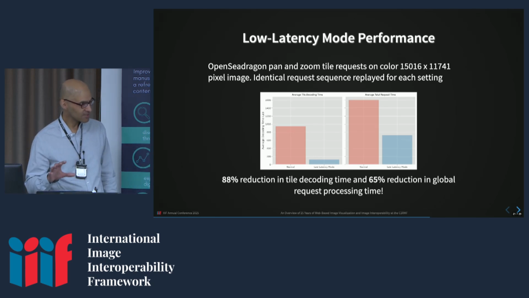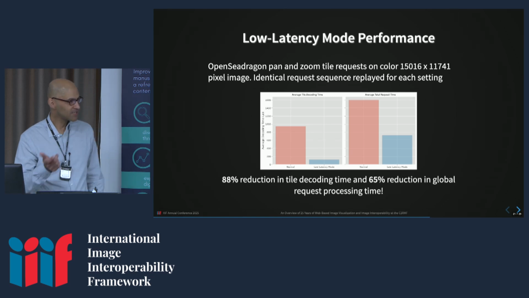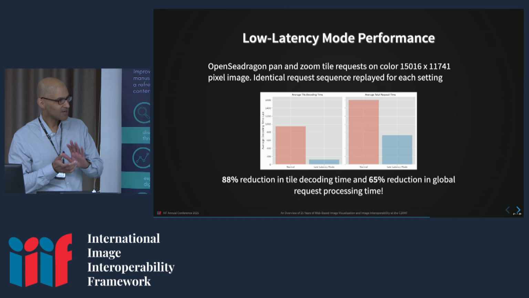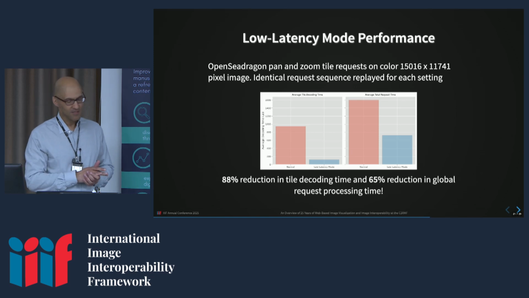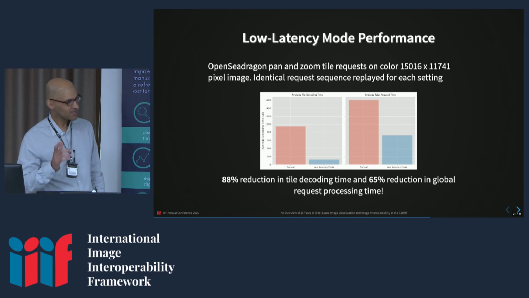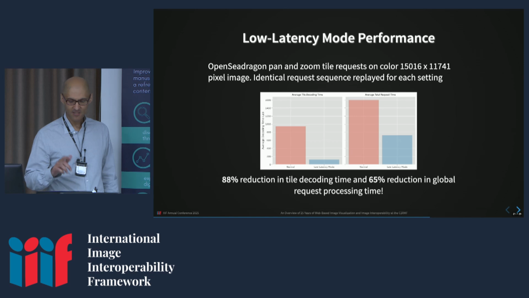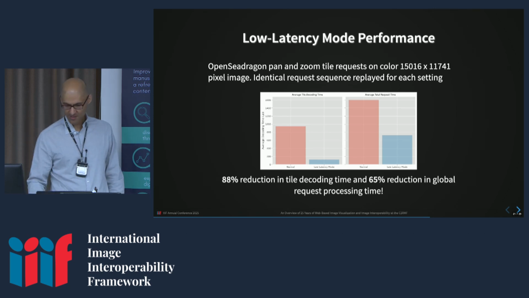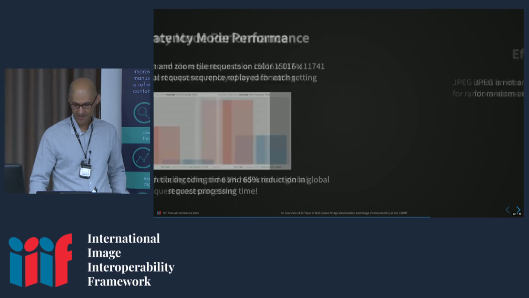Some of the requests still require a full decode and recode, when you're at the edge of an image and need to crop the tiles. But on average, even with a mix of this low latency and full decode and encode, you're still getting a 65% reduction in the latency. So if you're an IIP Image user, it's worth upgrading to 1.3 for this.